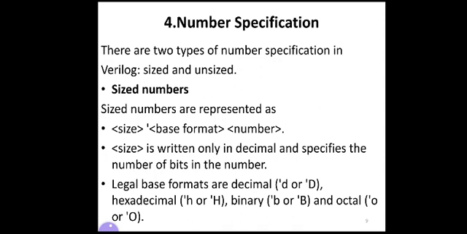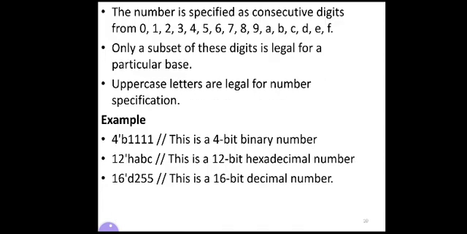Legal base formats: if you want to write a decimal number, you can use a small d or capital D. If you want to use a hexadecimal number, you can write small h or capital H. For a binary number, small b or capital B. For octal, small o or capital O.